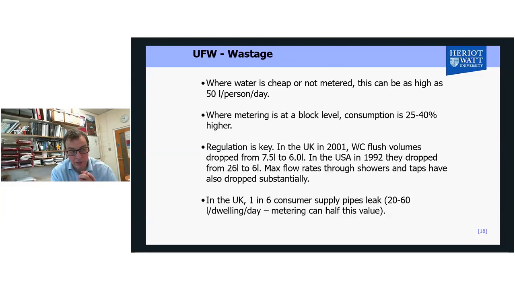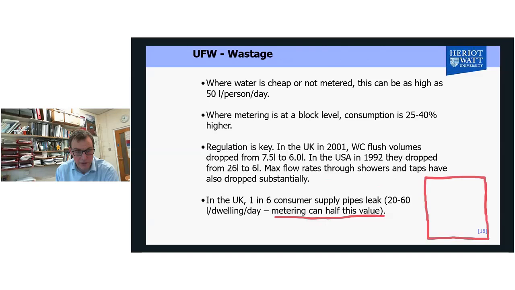In the UK, 1 in 6 customer supply pipes leak, 20 to 60 litres per day, and metering can halve this value. So how does metering halve that value? Well, say this is your garden, that's your garden wall, and here's your house.